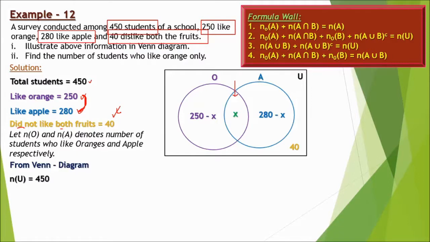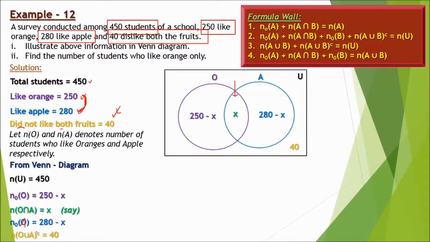N(O) union A equal to 450, and N(only O) equal to 250 minus x, and the intersection is equal to x. So let's say, and it's not only O, it's A. Okay, it's apple here.